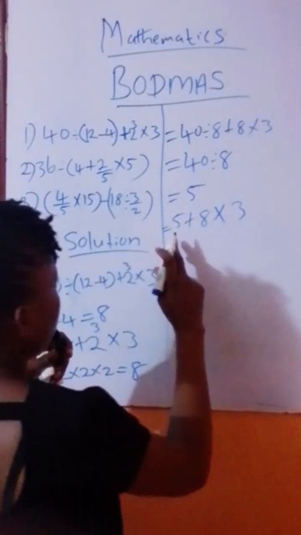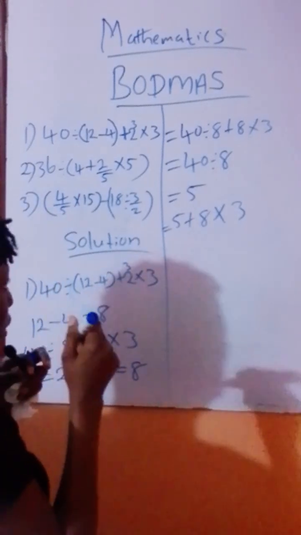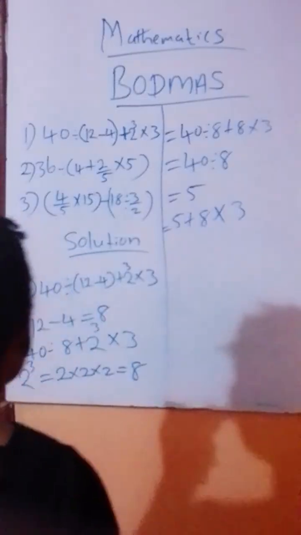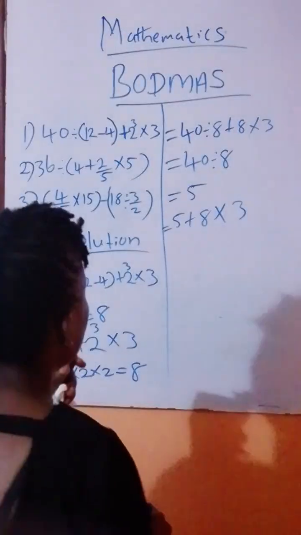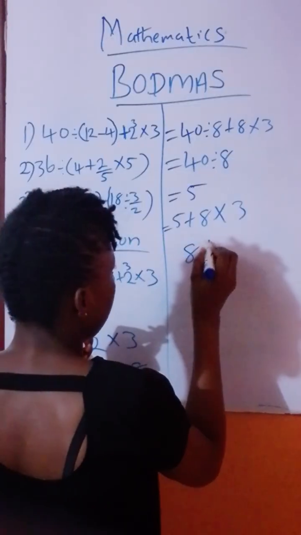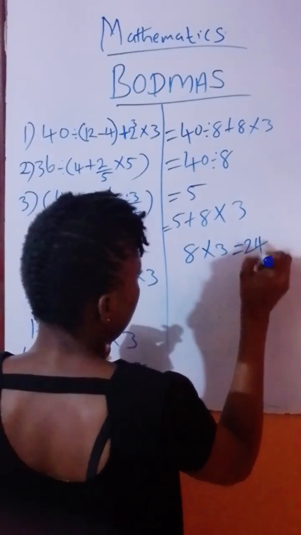When you look at this question now, we have 5 plus 8 times 3. What comes next in BODMAS is multiplication. Multiplication comes first before addition. That means we are going to say 8 times 3, which is going to give us 24.